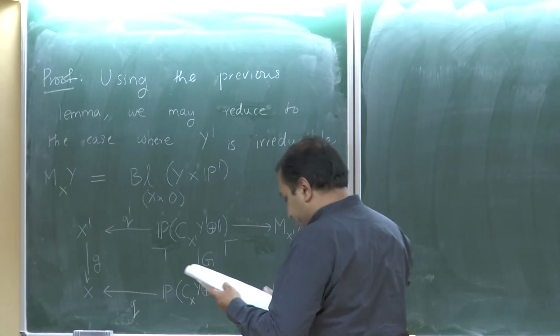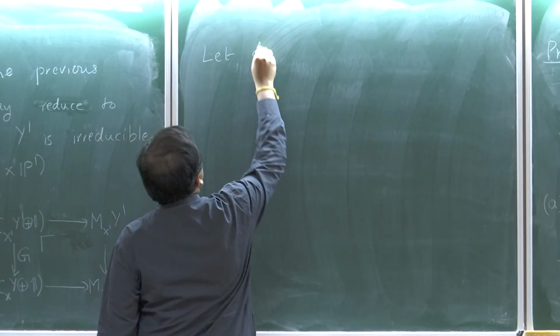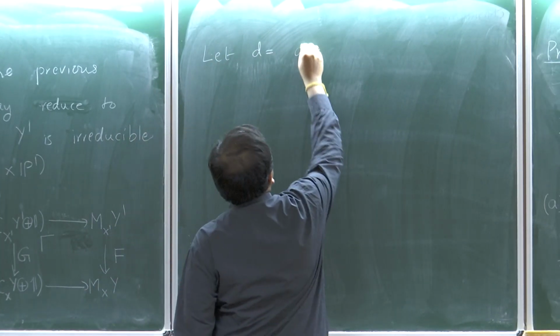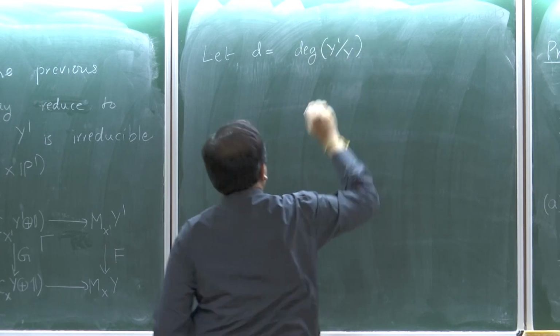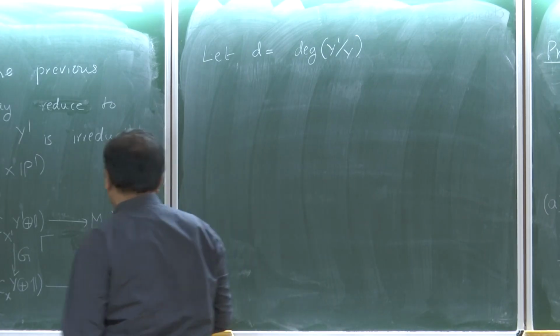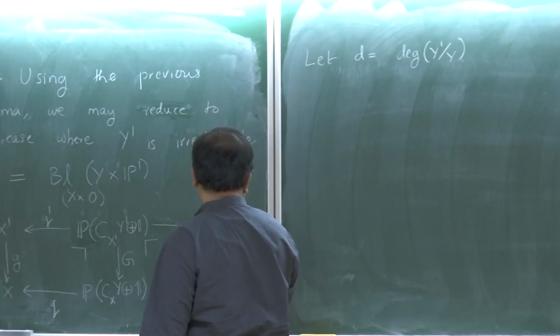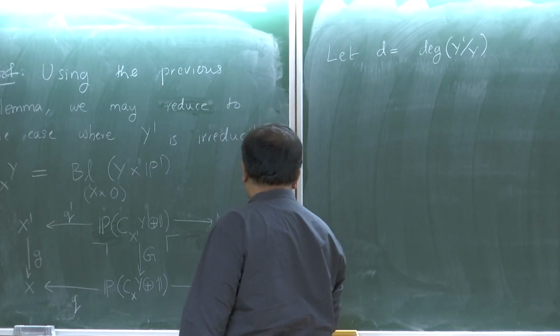So let d equal the degree of y prime over y. Just for short, let me call this m prime, and we'll write this as m.